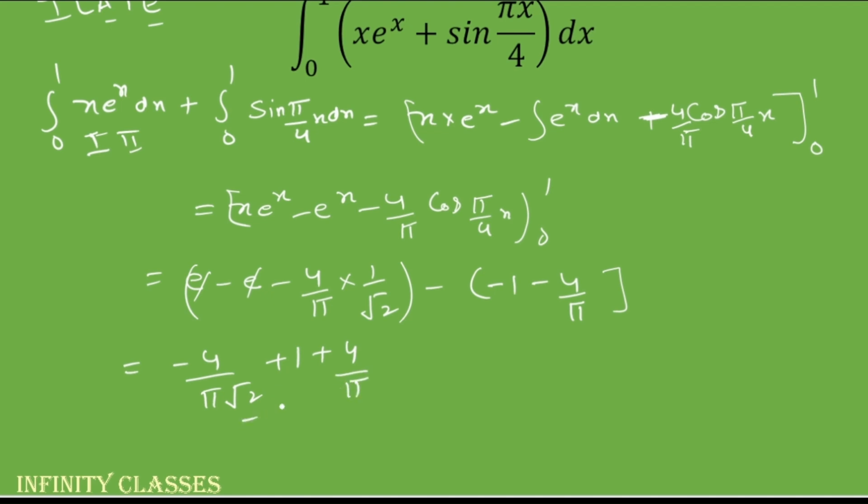We can simplify by rationalizing this. It is 2 root 2 into root 2, which will give us 2 root 2 upon pi plus 1 plus 4 upon pi. So this is our final answer.